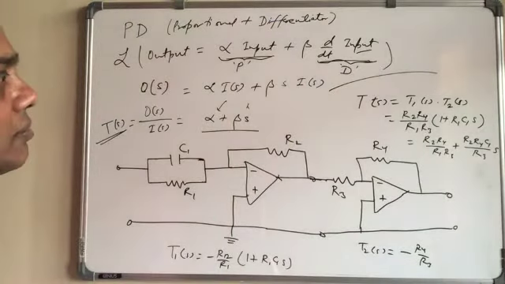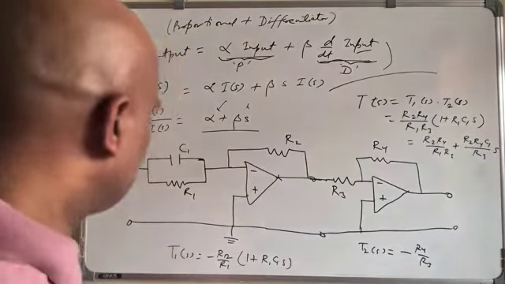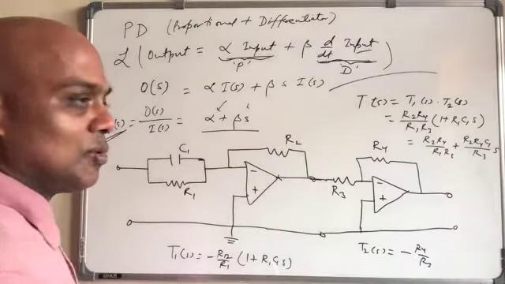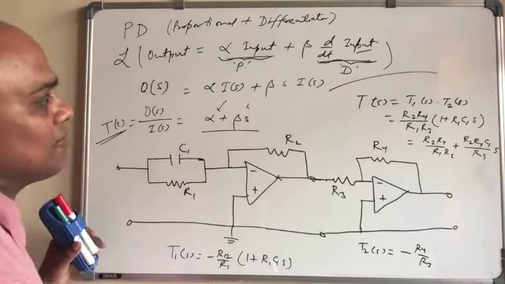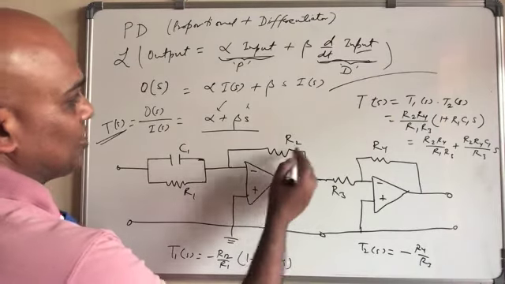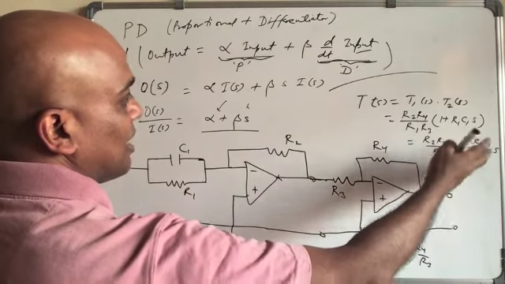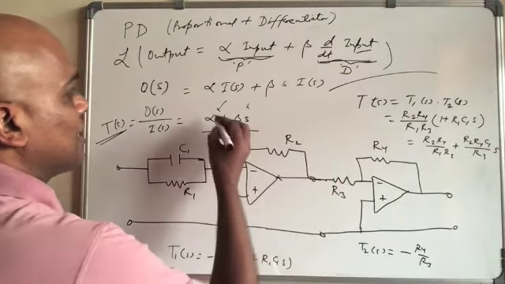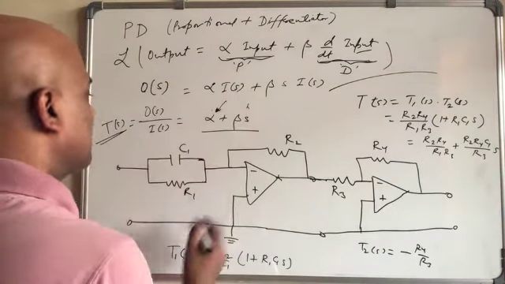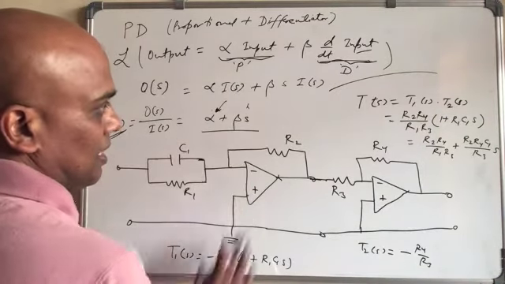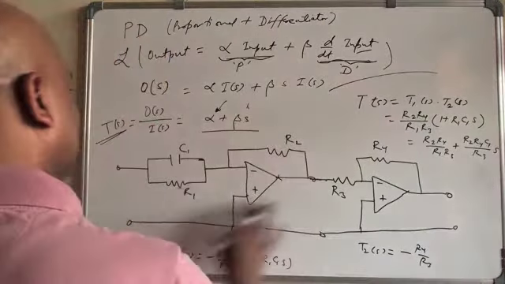Okay. In your test, quiz or the assignment, the continuous evaluation, I may give some values of R1, R2, R3, R4, C1, and ask you to tell me what is the value of alpha and what is the value of beta, and you have to find that.